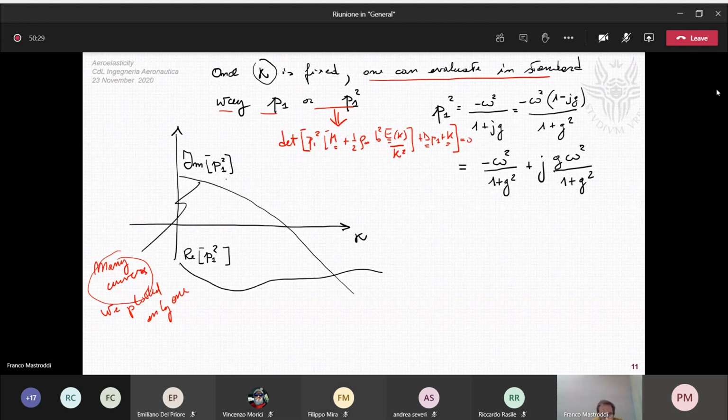Focus your attention on this point here, on the crossing.